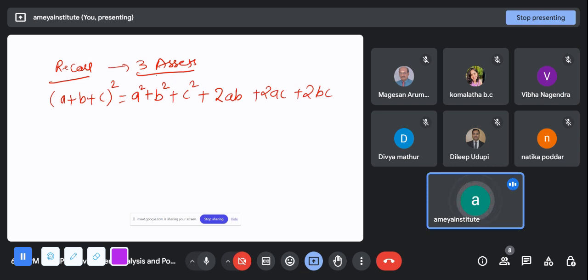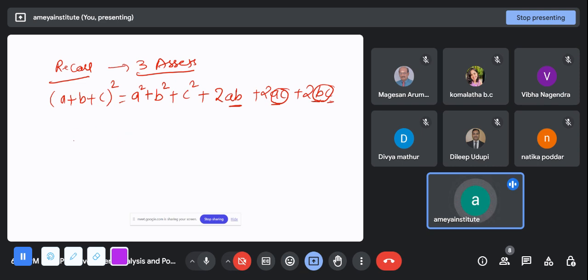So if you have three assets, how many times do you have to do this? Plus 2 into AB, meaning weight of A, weight of B, standard deviation of A, standard deviation of B, then correlation between A and B. Then again plus weight of A, weight of C, into standard deviation of A into standard deviation of C, correlation between A and C. Again it will add weight of B into weight of C, then standard deviation of B into standard deviation of C, then correlation between B and C. Imagine how many combinations we are making here, right?